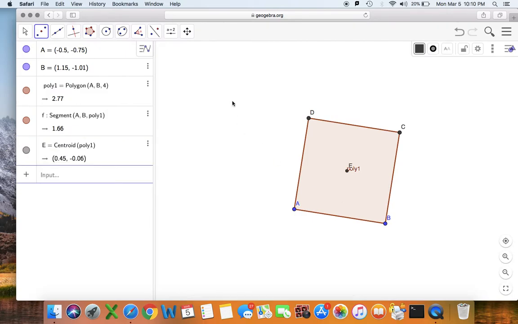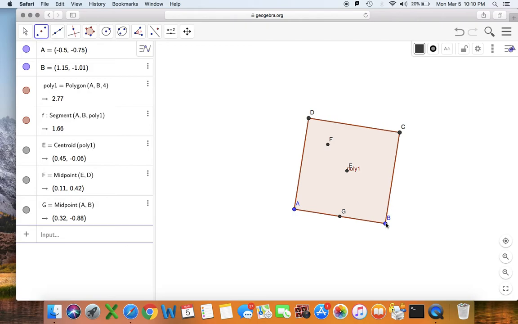We have a midpoint between the center and a corner, and we have a midpoint between an opposite side.